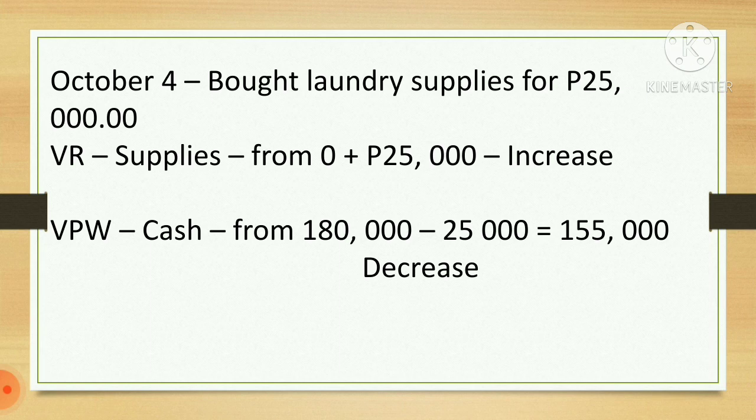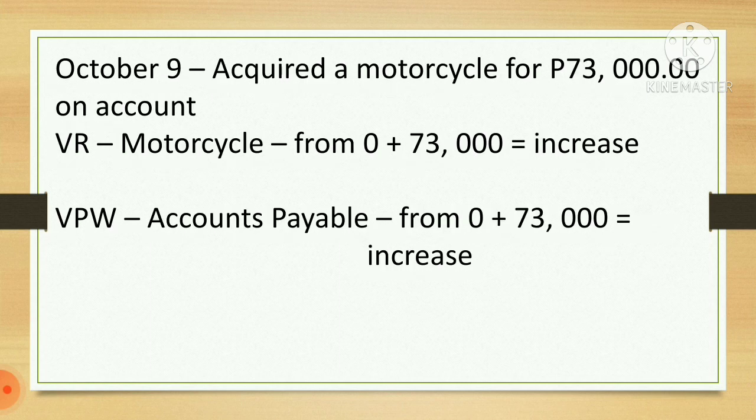So again, going back, if you notice, there are two transactions. Because going back to the rule, the golden rule, every transaction has dual effects. It has a debit, it has a credit, or you will have a value received and value parted with. Now let's go to the next transaction. On October 9, the company acquired a motorcycle for 73,000 on account.